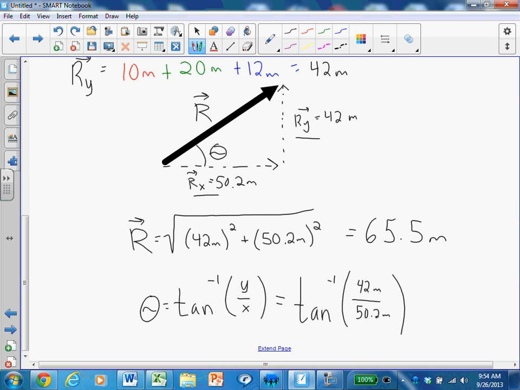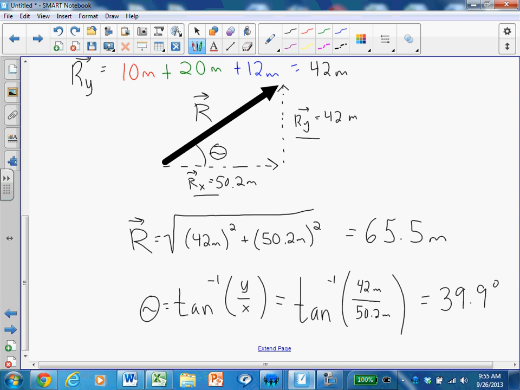You could, since you have all sides here, use any, but tangent always gets left out, so 42 divided by 50.2, tan inverse, 39.9 degrees.